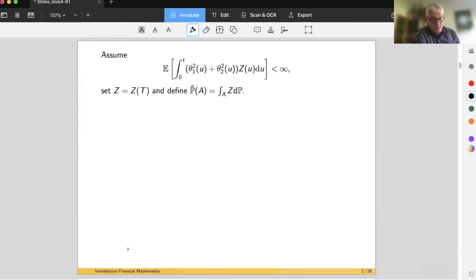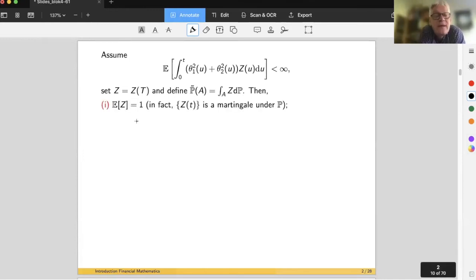Then we use the notation Z is equal to Z(T), so we can use Z safely and we mean Z(T), and we define the measure change. We have a P tilde(A), and that is the integral over A of Z dP. So that is like we know it from the one-dimensional case.